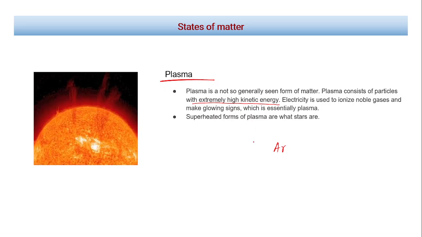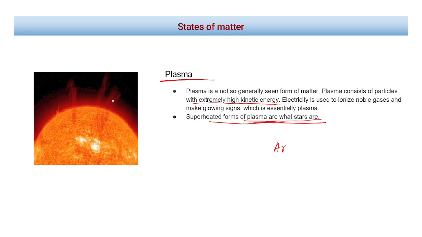Where we see this in nature, although not very commonly, is in stars. A lot of very exothermic reactions happen at the core of stars, like the sun, which is also a star. On its surface, this plasma can be seen.